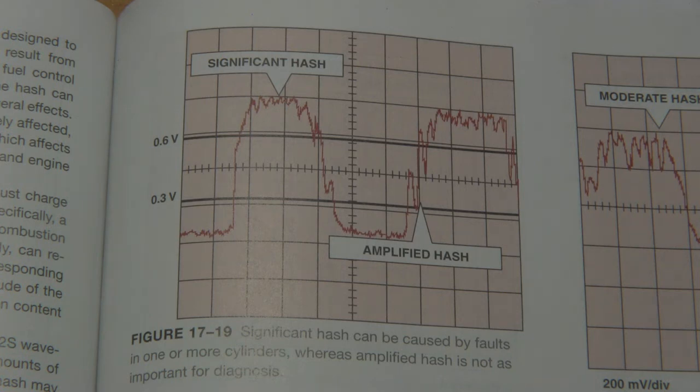So what causes a lean misfire? There's a lot of things that can cause a lean misfire, unlike ignition faults, where there's just no spark. Does that mean the spark plug didn't go off? Typically not. Typically a lean misfire is caused by a lack of fuel in the delivery process.